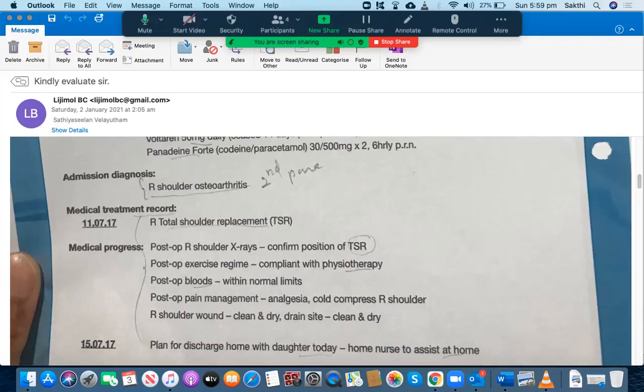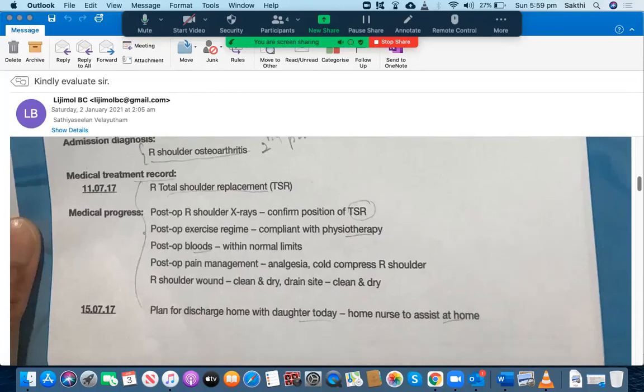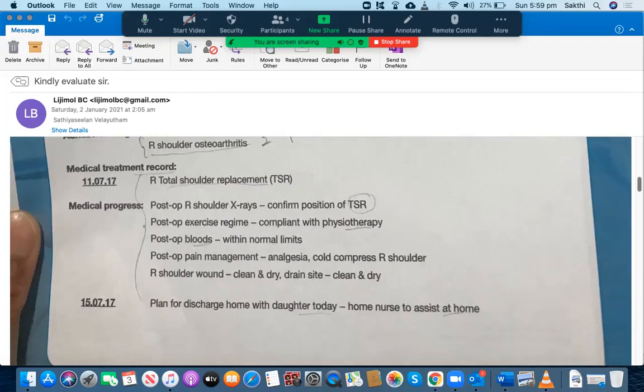So this is what they have found out, isn't it? Osteoarthritis, right? Yeah. But did you mention that following this one, diagnosed with this one? But I think you have mentioned it in the first supporting paragraph, isn't it? On admission, sorry, in the second supporting paragraph. Am I correct? Yeah. Okay.